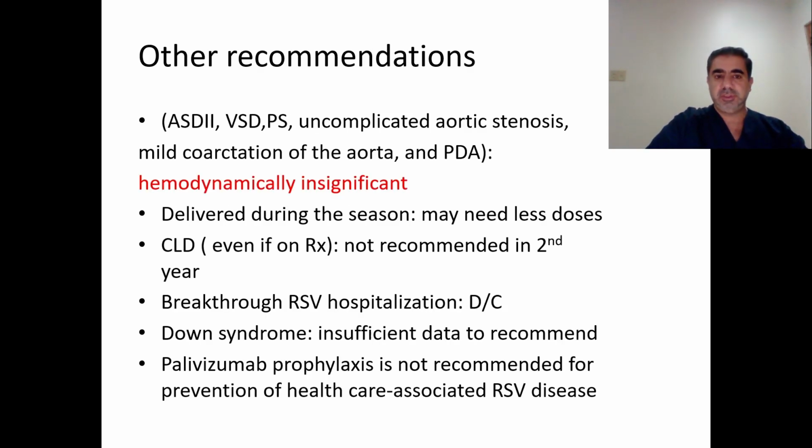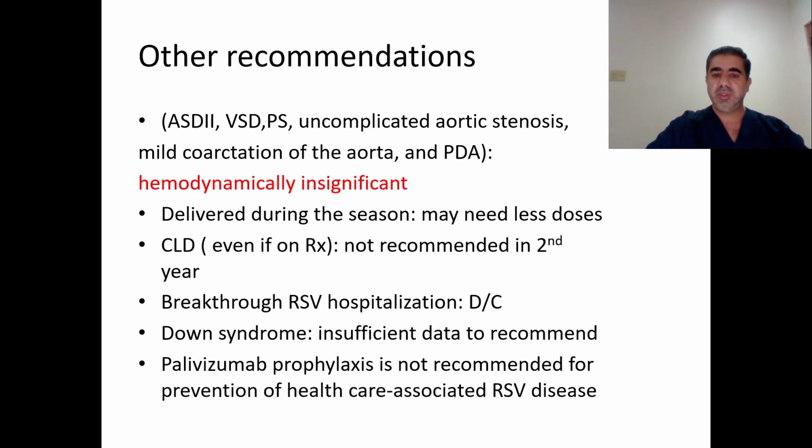Other important recommendations to keep in mind: ASD secundum, VSD, PS, uncomplicated aortic stenosis, mild coarctation of the aorta, and PDA are considered hemodynamically insignificant and do not indicate a need to give RSV prophylaxis.